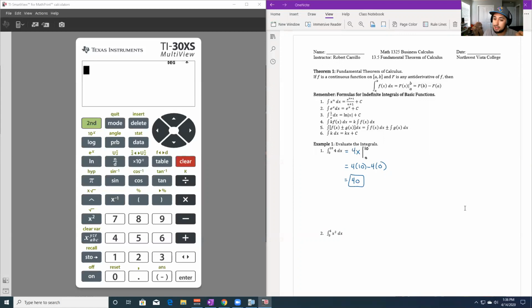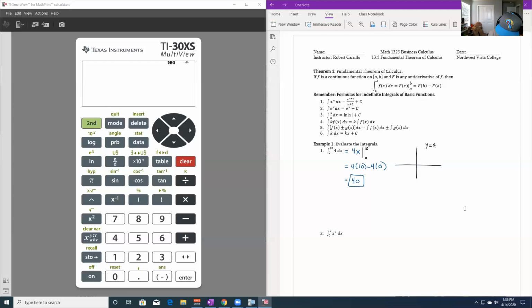Antiderivatives are meant to find area. So if I just drew what we just found here, I want to look at the original function, which is y equals 4. Well, y equals 4 is what type of line? It is a horizontal line.